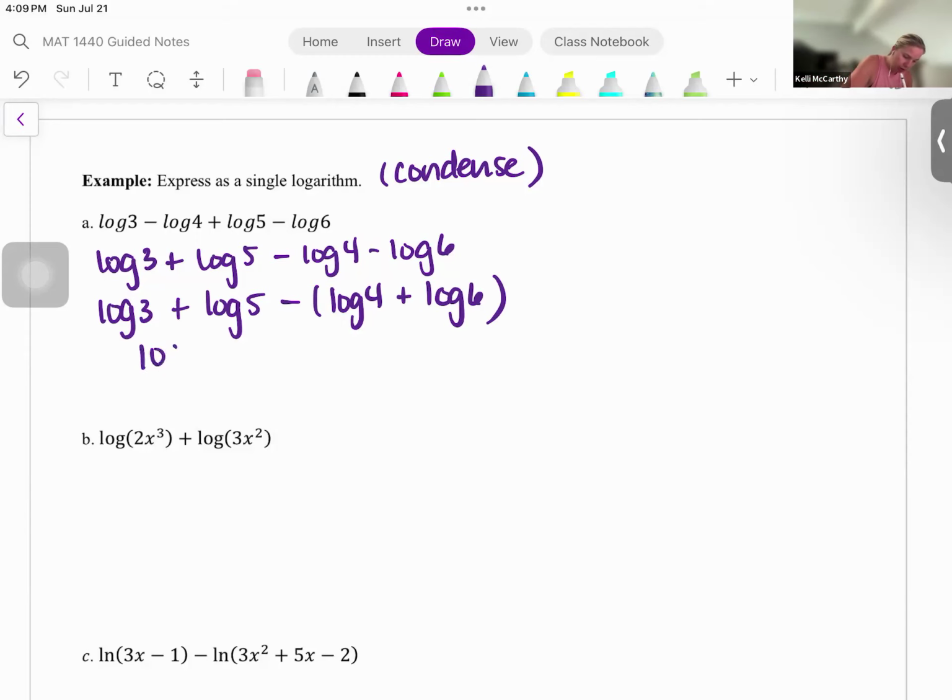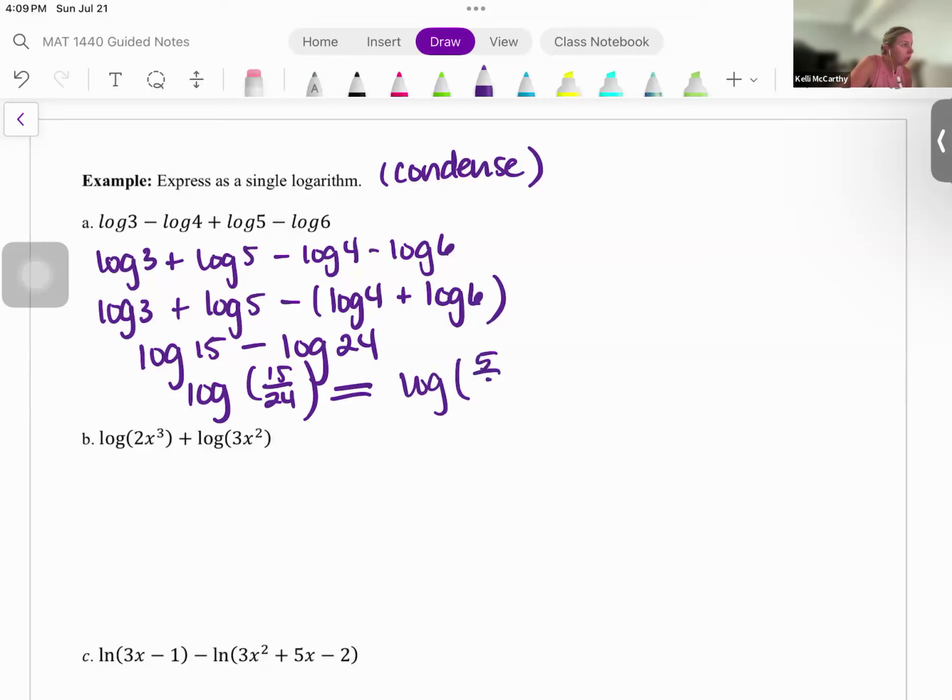This is going to be log of 3 times 5, or 15, minus log of 4 times 6, or 24. And now we can condense the subtraction using the quotient rule. This is going to be log of 15 over 24, which simplifies to log of 5 over 8.